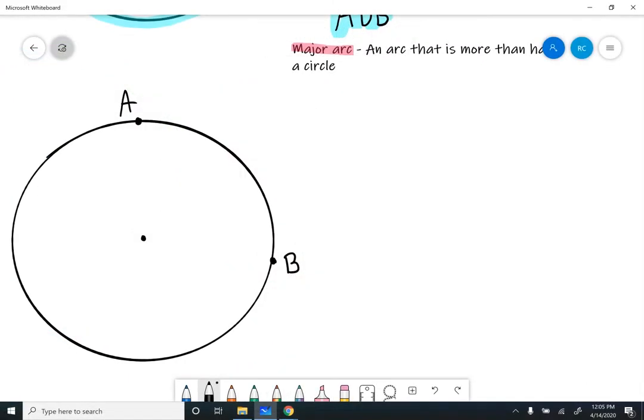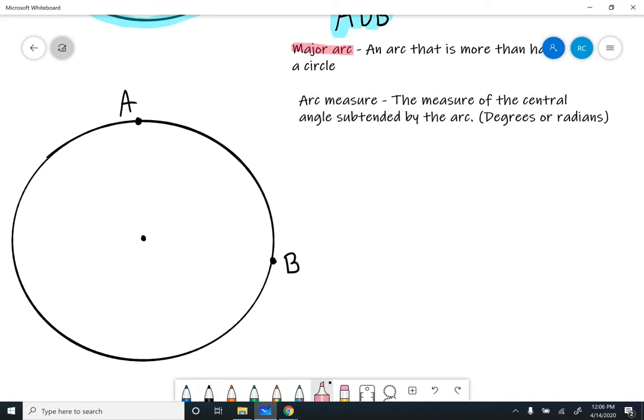So there are two ways of measuring an arc, okay? Arc measure is a measure of how far around the circle this arc goes. So for example, in our circle here over to the left, if I have a radius that goes out to A and a radius that goes out to B, this angle here, let's say it looks like it's about 70 degrees.